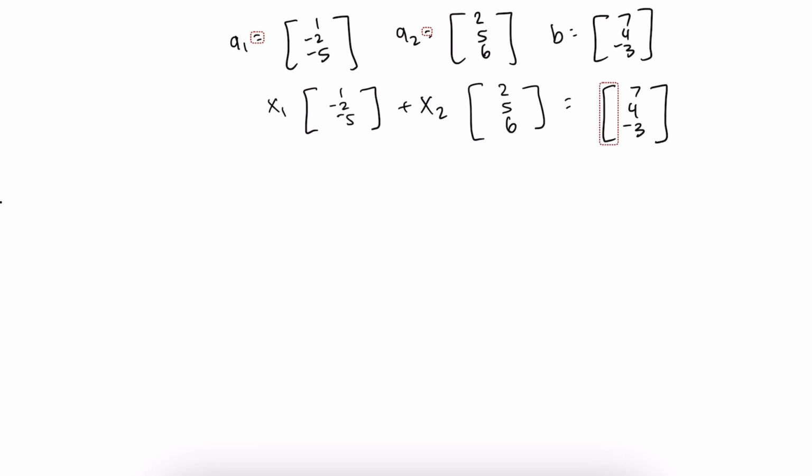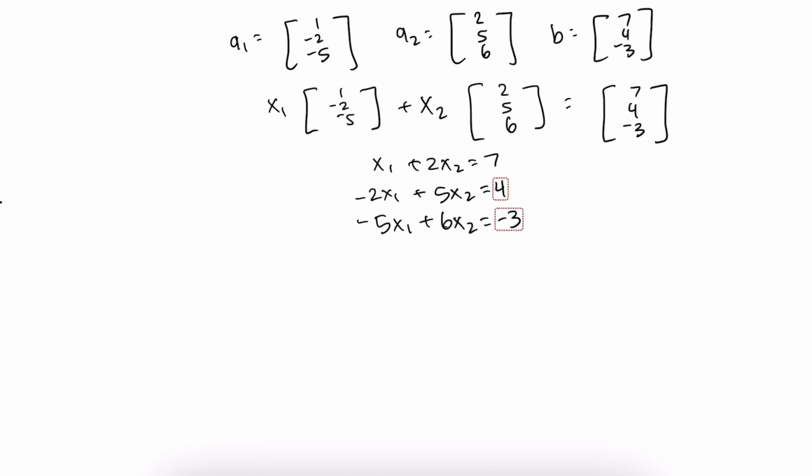So to solve this, we're basically solving a system of equations, which is x1 plus 2x2 equals 7, and then negative 2x1 plus 5x2 equals 4, and then negative 5x1 plus 6x2 equals negative 3. So we're actually going to write it into an augmented matrix. On the left-hand side, we're going to essentially just have the coefficients.